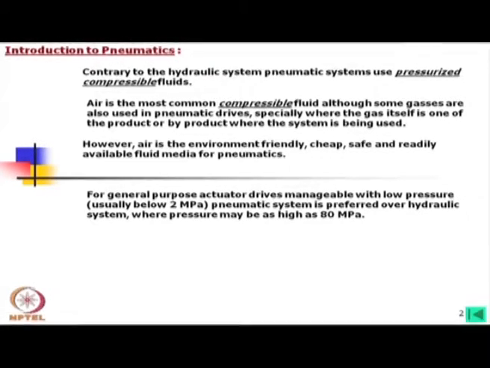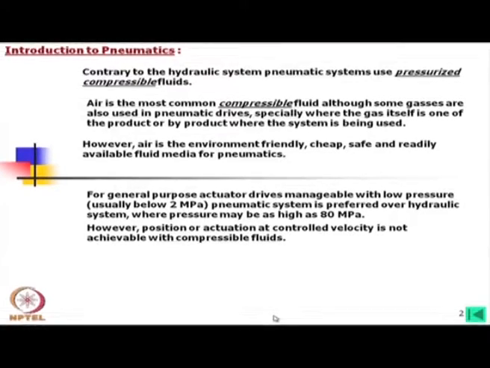Pneumatic system is preferred over hydraulic system where pressure may be as high as 80 megapascals. This means that in a hydraulic system we can go up to 80 megapascal, but in normal cases, as you know, in oil hydraulics 20 to 25 megapascal is very common. 80 megapascal is for very special applications, but it is possible there.